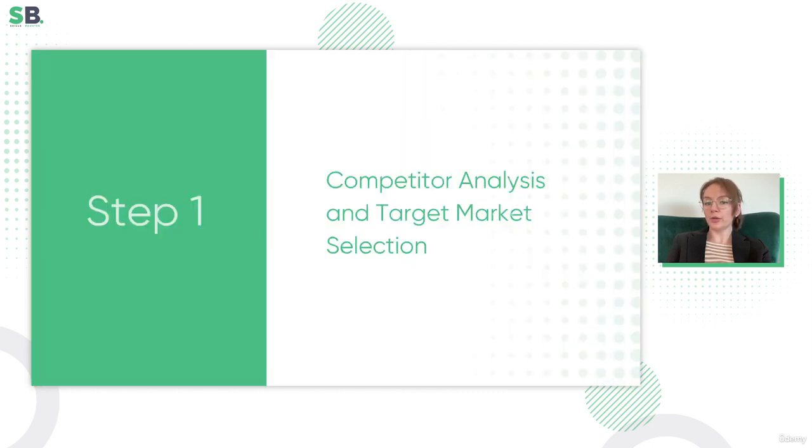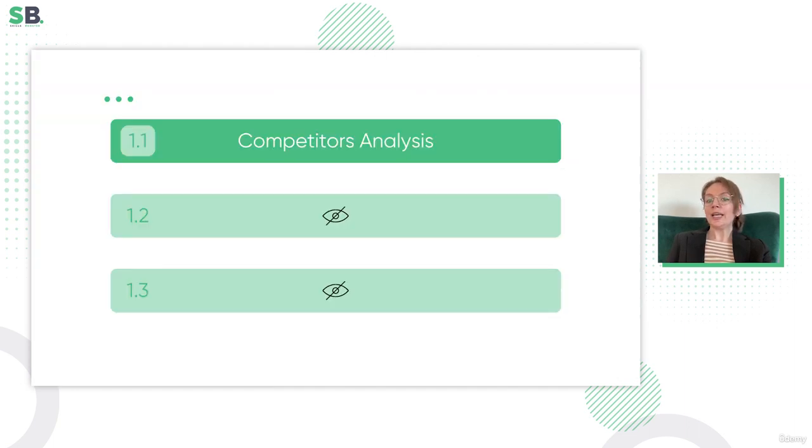So, the first step is competitor analysis and target market selection. Here, we delve into competitor analysis where we identify strengths, weaknesses, opportunities, and threats posed by competitors. We will also recognize market trends and anticipate industry changes.